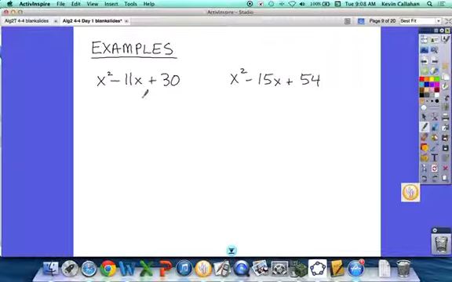So let's see. What are the factors of 30 that add up to 11? 5 and 6, right? I mean, 30 has a lot of factors, right? 1 times 30. If you notice, there's a lot of these factors that you could generate just like I'm going to do right now.